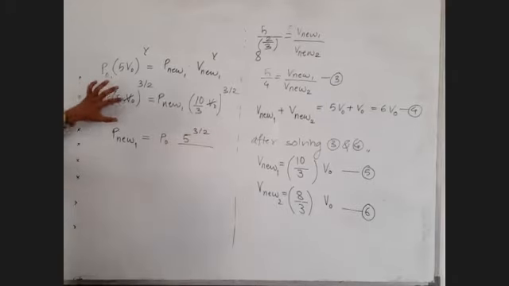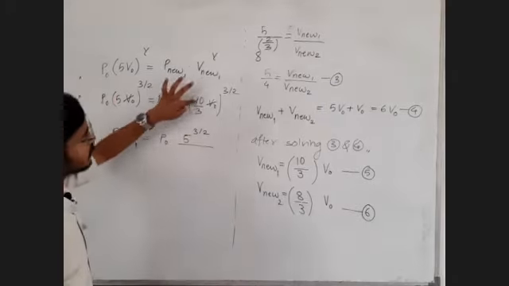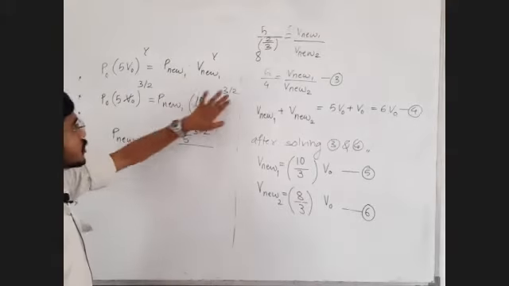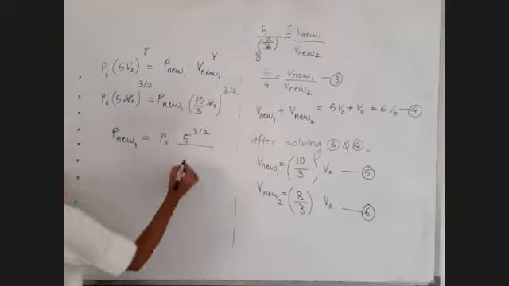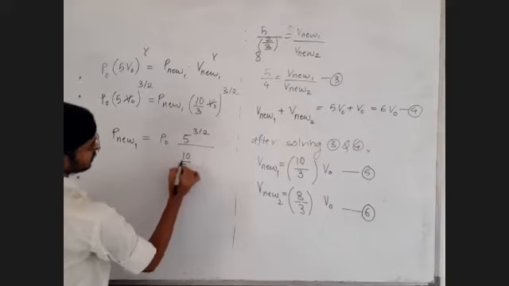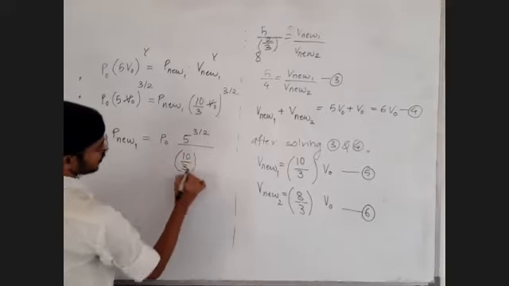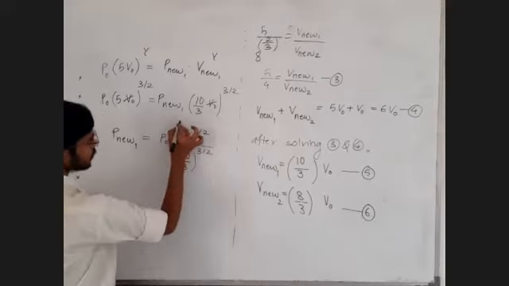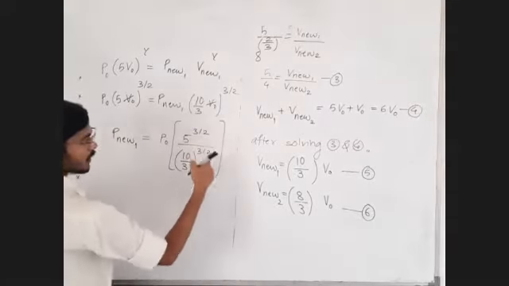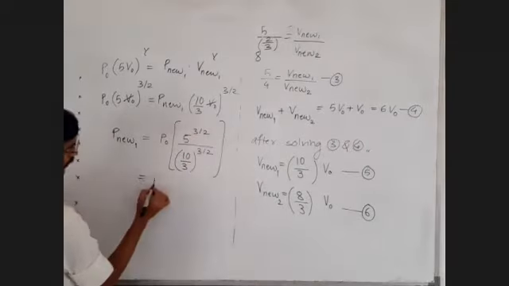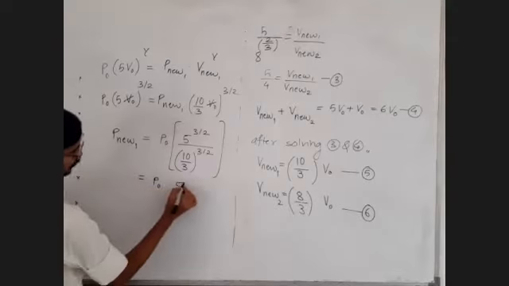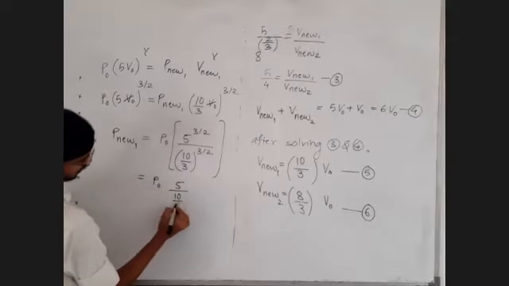Divided by 10 by 3 raised to 3 by 2, which will go into the denominator. With 3 by 2 common in the index, 5 divided by 10 upon 3.